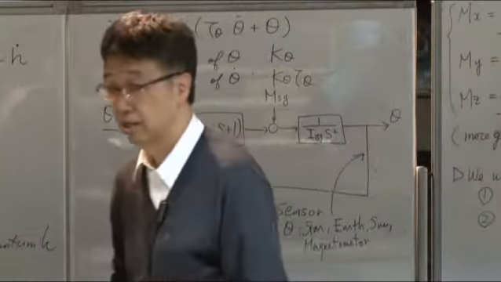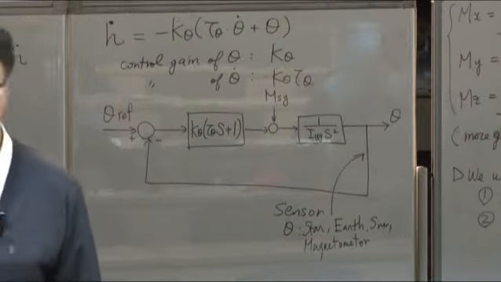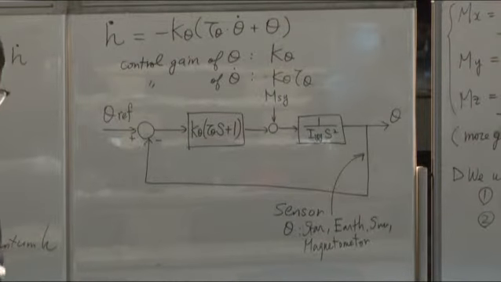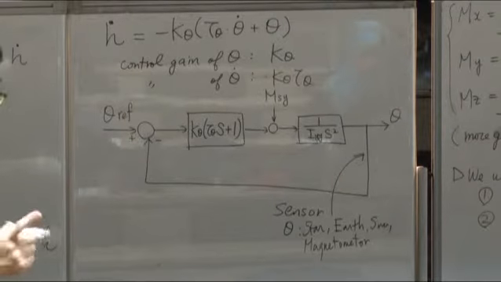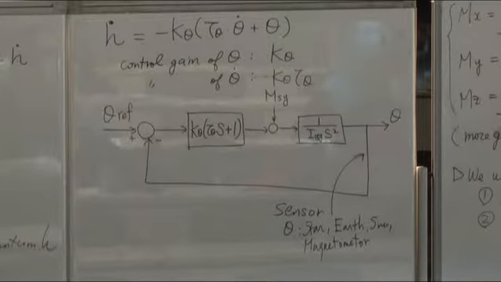Magnetometer means a sensor which can detect the Earth's geomagnetic field. The geomagnetic field is already known beforehand, so if the satellite measures the geomagnetic field direction with respect to its attitude, then the satellite can get the attitude information.